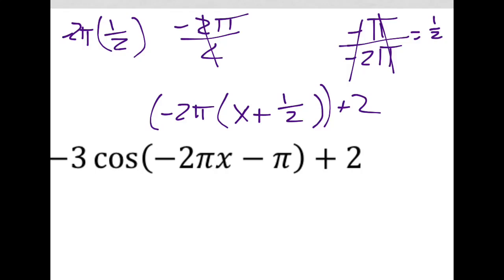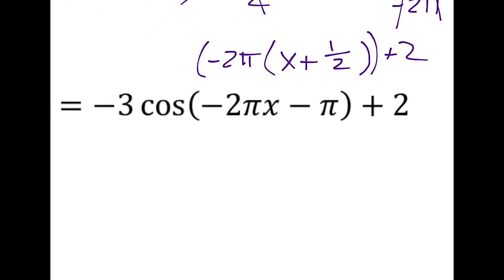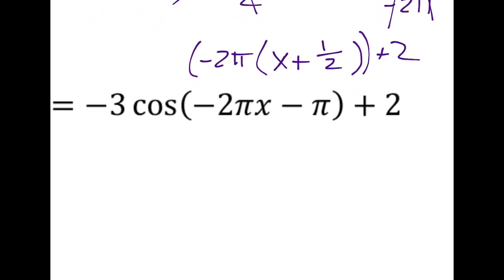Okay. But notice now we have a negative 2 pi inside that cosine function. And what type of a function is cosine? Cosine is even, which means that negativeness doesn't matter.